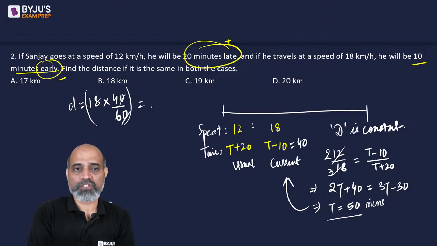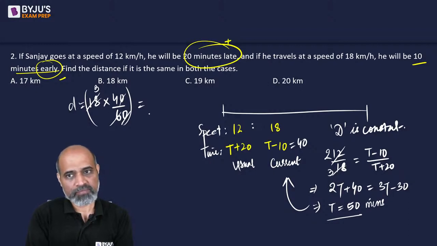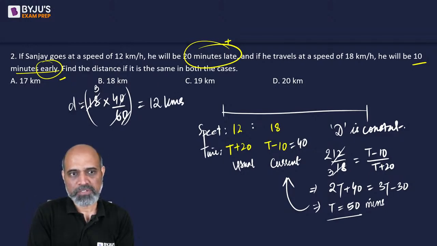So this is going to give us 6 into 3, 40, right? So this is going to be 12 kilometers.